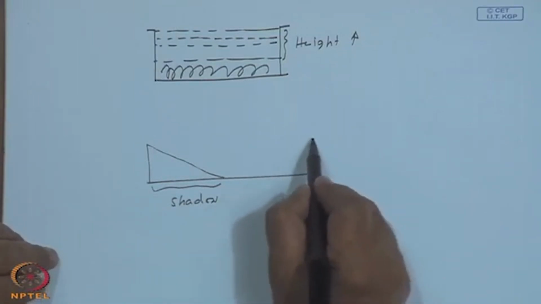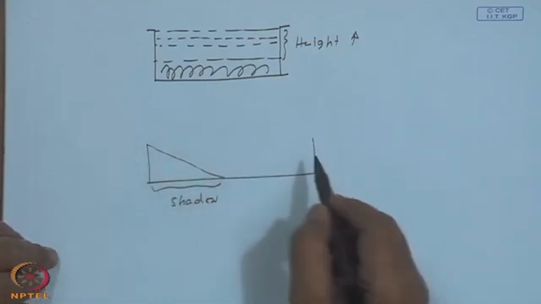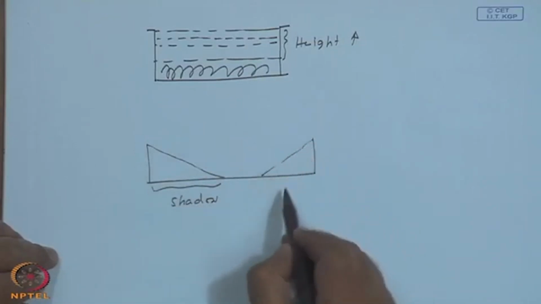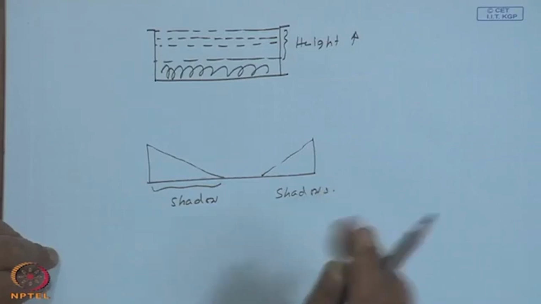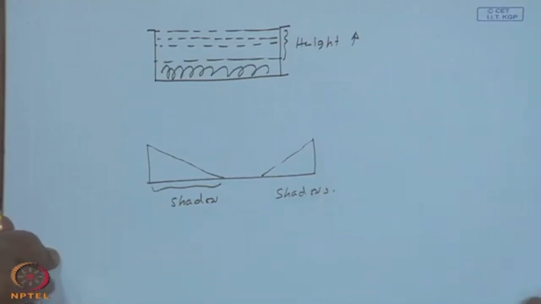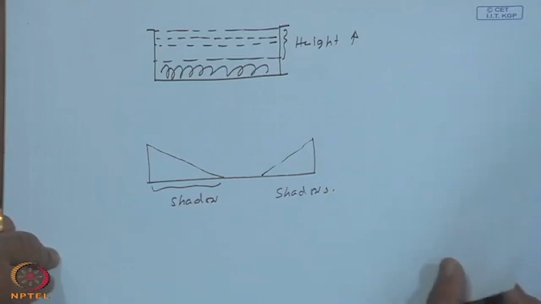So, in the morning sometime to the left, let us say, and in the afternoon sometime to the right, there will be shadows because of the box height. Then maybe 10%, 20% of the absorber will be ineffective. So, this is one consequence one has to face by continuously increasing the number of glass covers, thereby increasing the height of the collector.